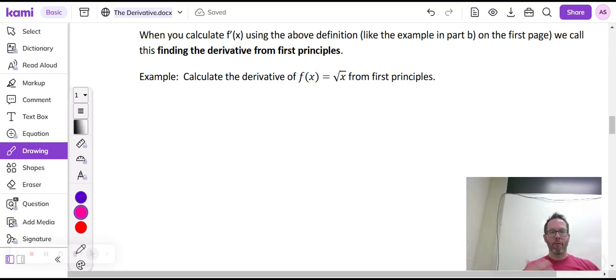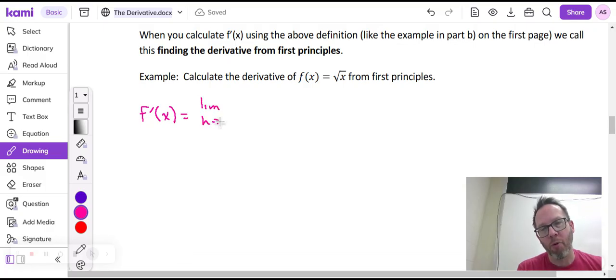So here we go. Let's find the derivative of the radical function from first principles. We're going to set up the definition of the derivative, f prime of x. It's the limit as h approaches 0 of f at x plus h minus f at x, all over h.